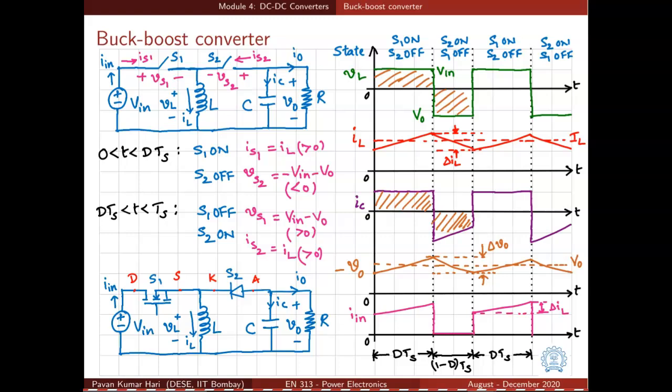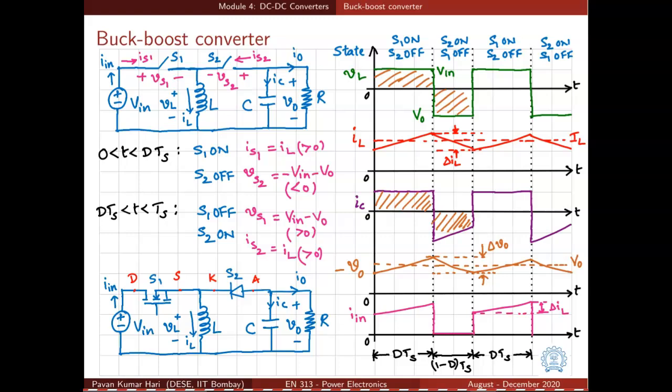Now we'll look at how to replace these generic switches S1 and S2 by MOSFETs and diodes. For that, we need to look at the voltage blocking and current carrying capabilities. If you look at the first interval, when S1 is on, the switch current IS1 is equal to IL, and IL is greater than 0 in our case because the input voltage is greater than 0. And when S1 is off, in the second interval, VS1 is equal to V in minus VO, because S2 is on.